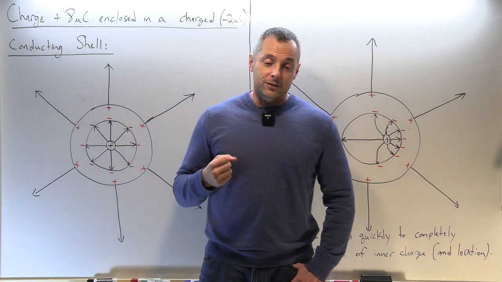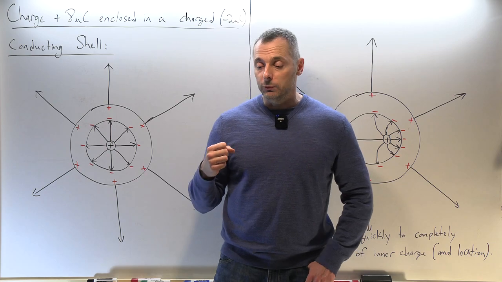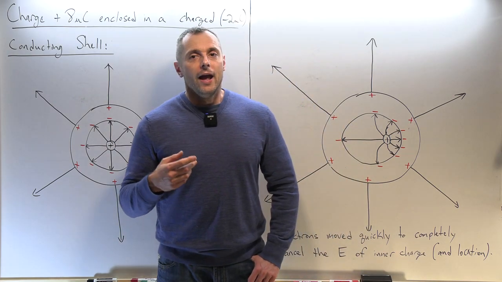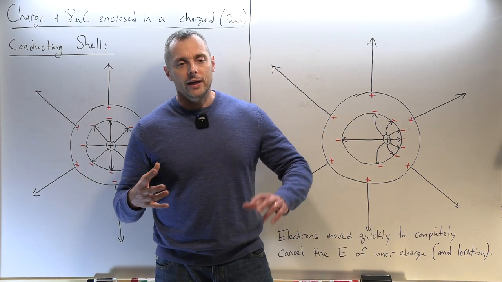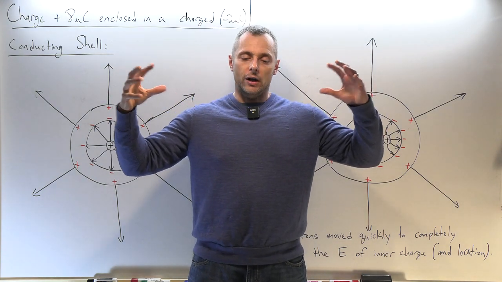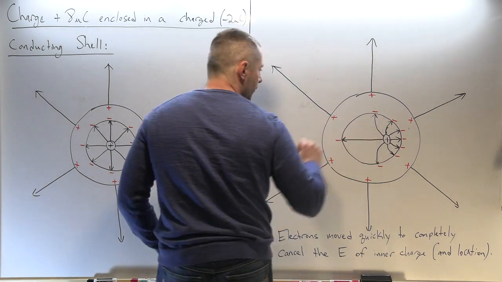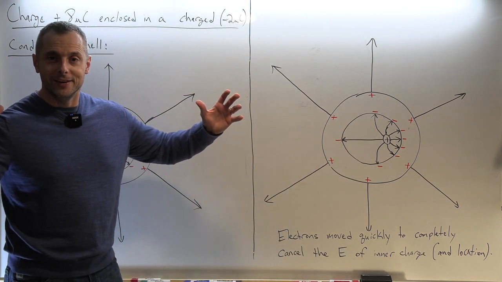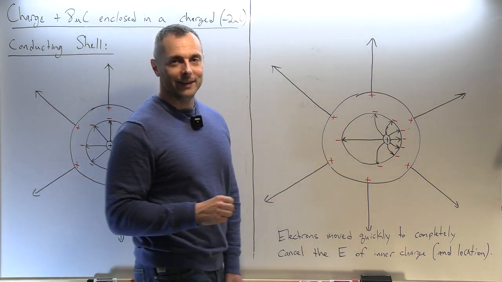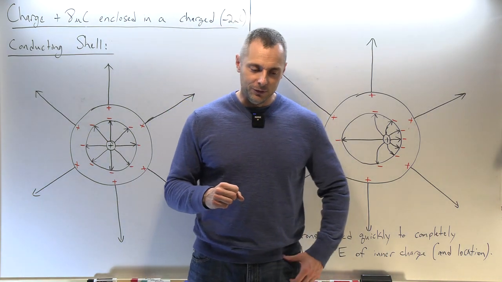Then we looked at charging by induction, and then the shielding effects: that external fields are shielded inside, and the effects of internal fields are shielded from the outside. So, interesting things about conductors in static equilibrium.